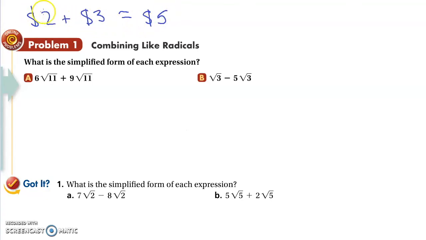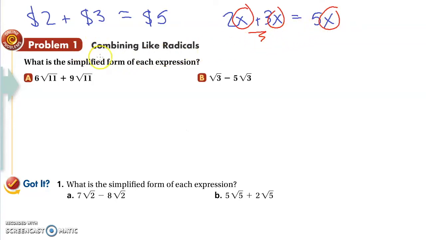Now, they're both in terms of dollars, so when you add like terms, we're going to keep our dollar sign amount. The same thing applies if I had 2x plus 3x. Well, you would get 5x. They're both in terms of x. So when you add or subtract them, we're going to keep them in the same terms.